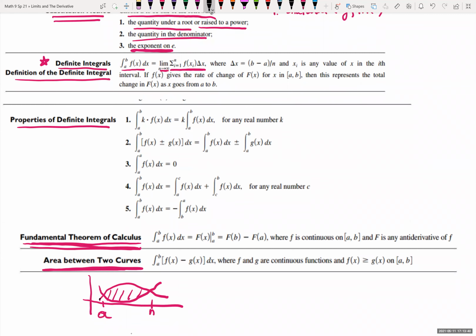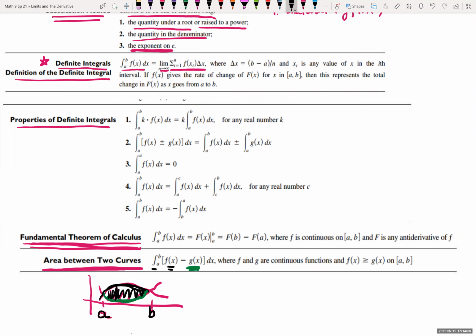So let's say that this was our f of x function, and which function was on the bottom, which was our, let's say, g of x function. So we would take our top function minus our bottom function evaluated at that interval so that we find the area bounded between.